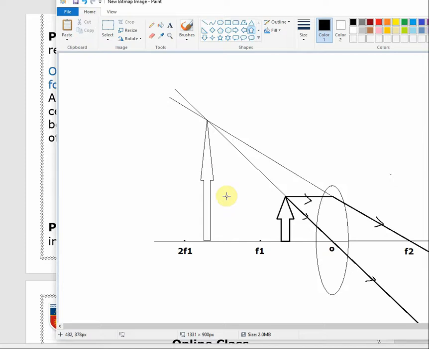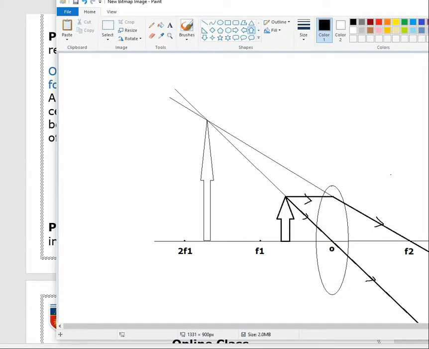This is the only case of a convex lens where it creates a virtual image. So also conversely we can say that a convex lens is the kind of lens which forms both kinds of images. It forms real images, and it also forms virtual images, and this is the case where it forms a virtual image.